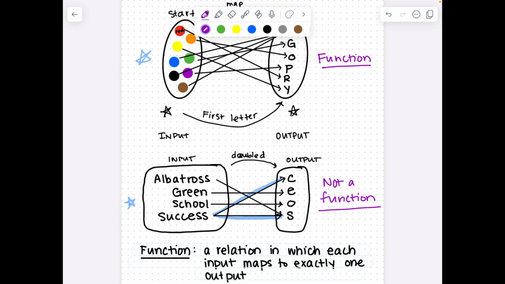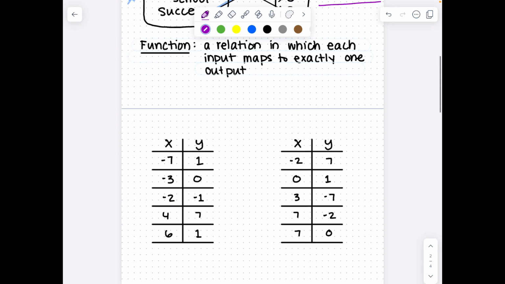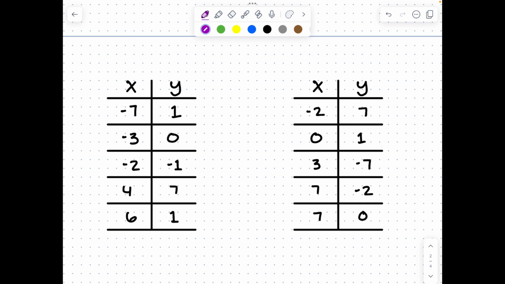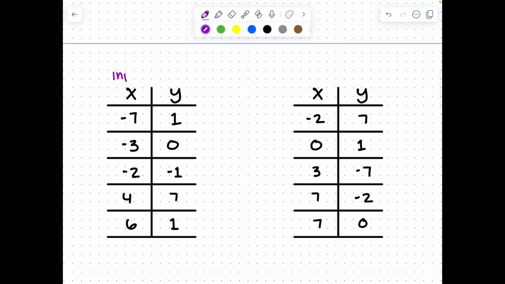So the rest of what we're talking about today is dealing with functions, identifying them, and creating diagrams for them. This is another way, especially in your math class, where you might see relations mentioned. X is always your input. Y is going to be your output.